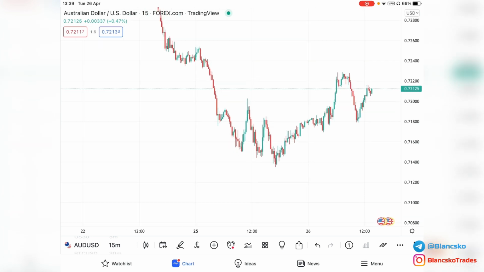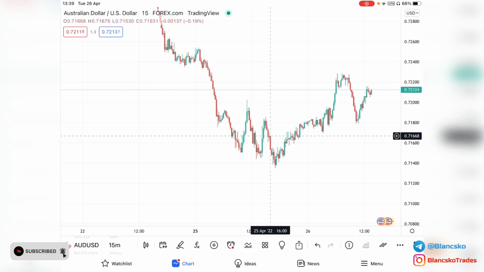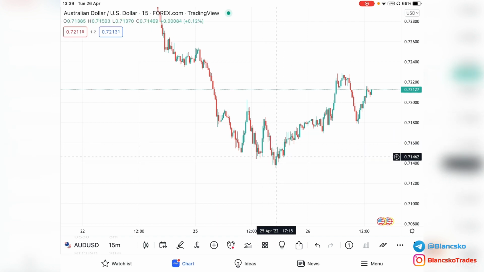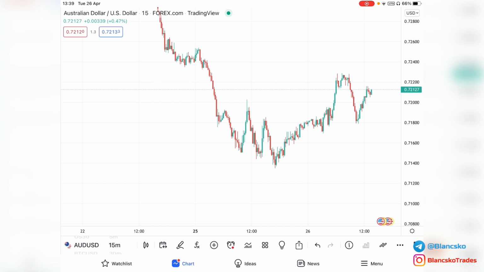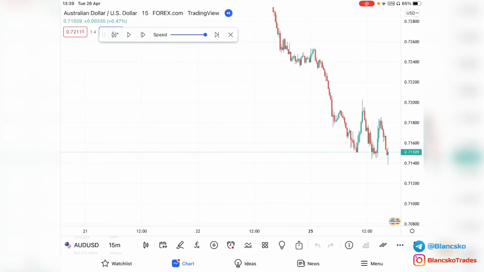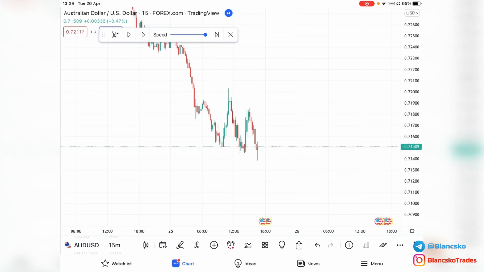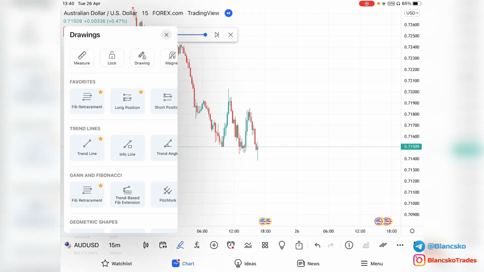Okay guys, so let's say we see this down move here, and then let's say we see this candle right here. Let's say we are around here. Okay, so I'm just using this example just for the sake of it, because I just clicked a random chart and it was AUD/USD. So let's say we are here, right? So we know we have a support area right here.